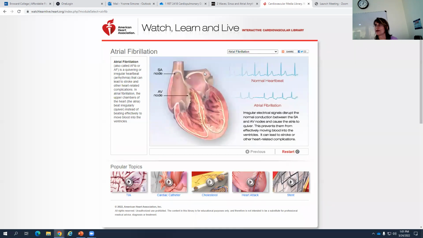Those are all the irritable areas in the atria that are initiating impulses. And when they do, some of them will cause the AV node to send the impulse to the ventricles, but it ends up being an irregular rhythm. And it's showing it to you here, where you don't really see P waves, and then you just see a very irregular rhythm. So chaotic baseline, you don't see P waves, and the rhythm is irregular. If you see those three things, you know you're looking at atrial fibrillation.